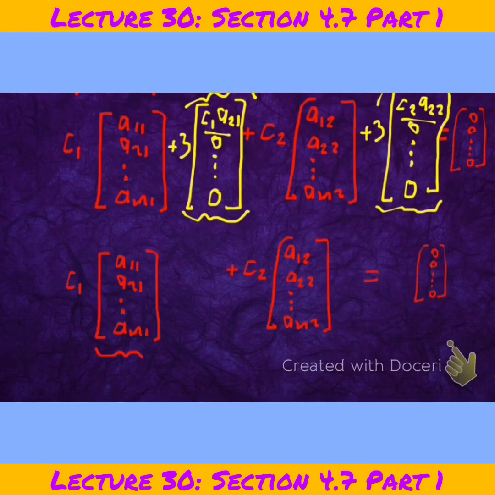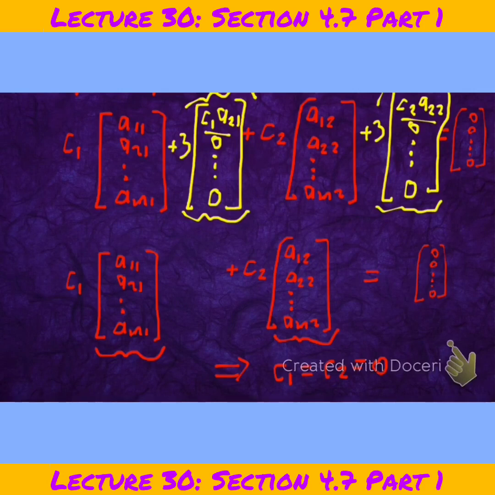But this is the first column of the matrix A, and that's the second column of the matrix A. And we assume that these two columns are linearly independent. So that is literally going to force C1 to be equal to C2 to be equal to 0. So what have we seen here? What is the main thing that we can get from this?